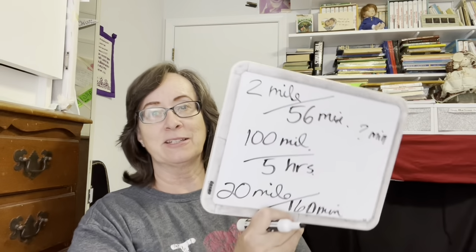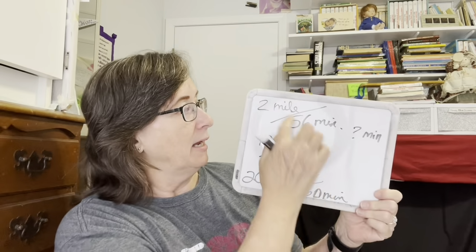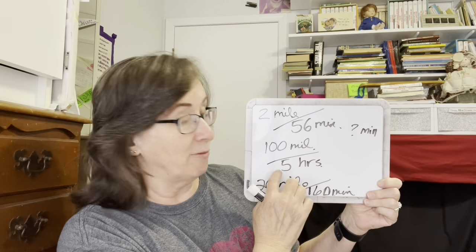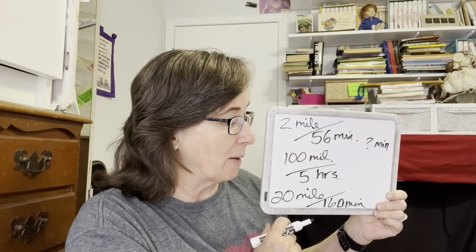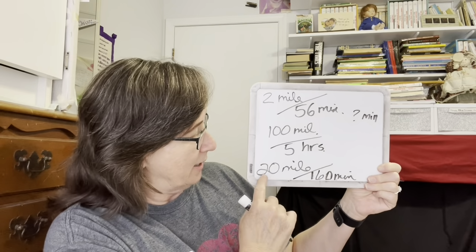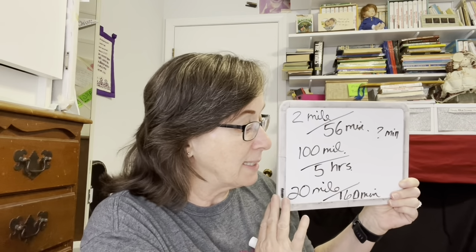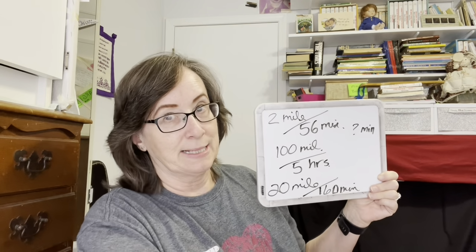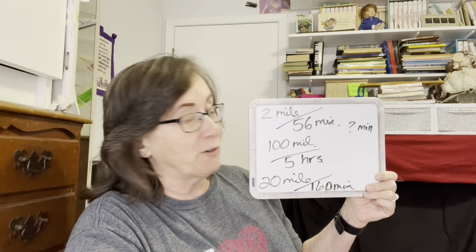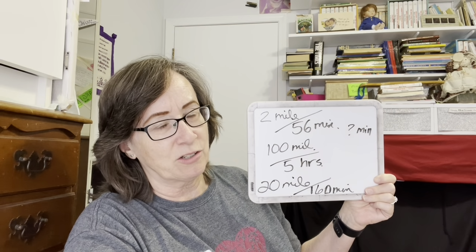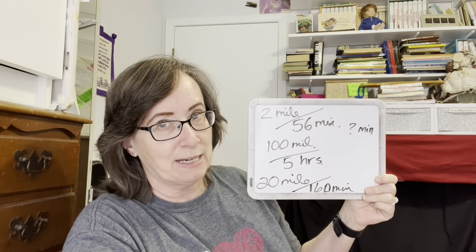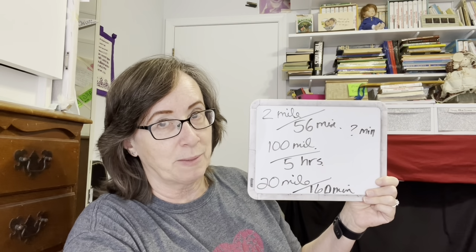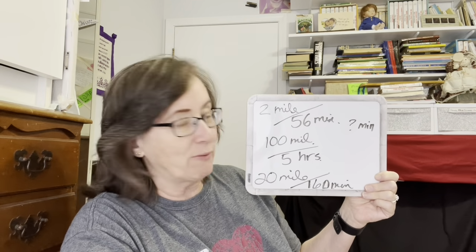Okay, so this is our information. 2 miles in 56 minutes. That was swimming. Okay. 100 miles in 5 hours, and that was his bicycling. And 20 miles in 160 minutes. So they had minutes, hours, minutes. Okay, now we're supposed to find out how many minutes altogether. So I think we really would do best if we changed our 5 hours to minutes right away, because everything else is minutes.